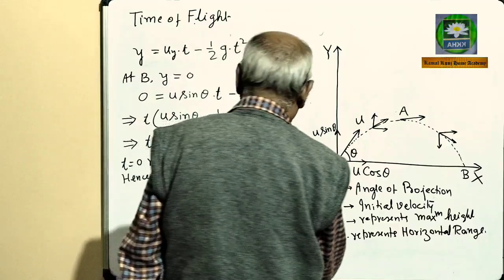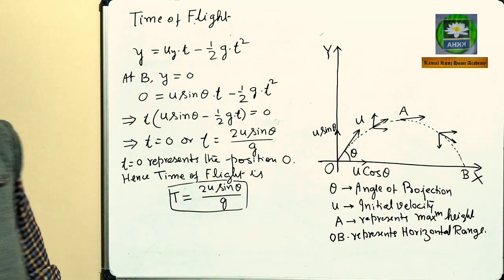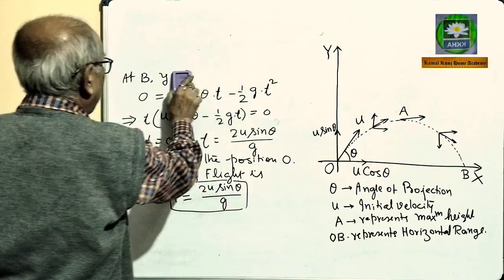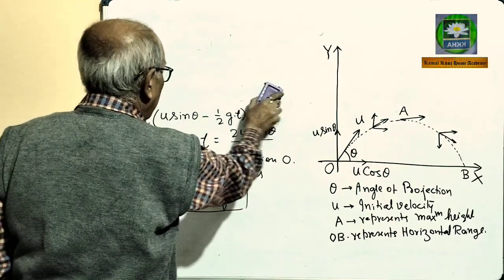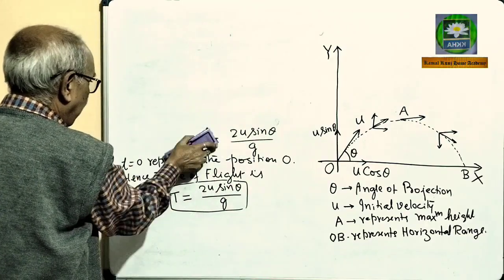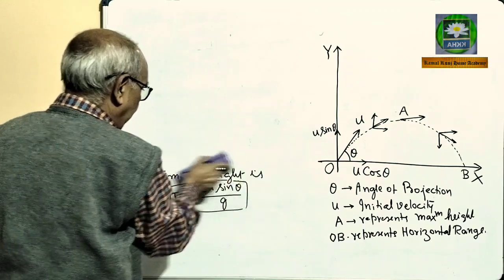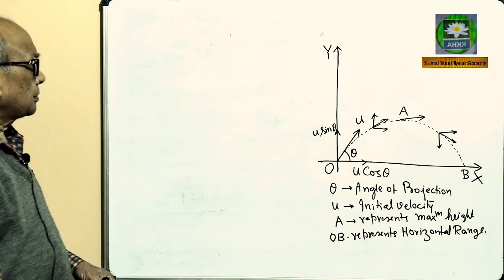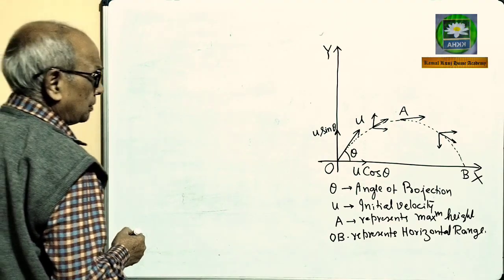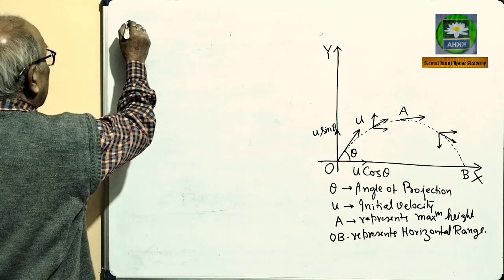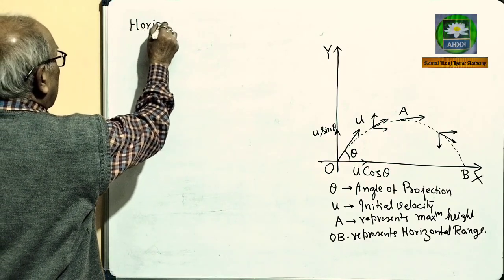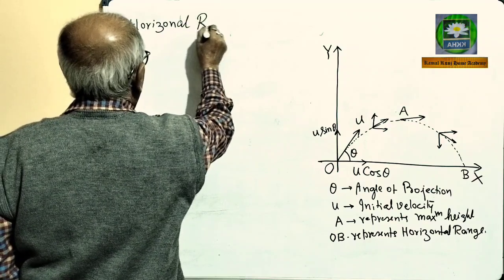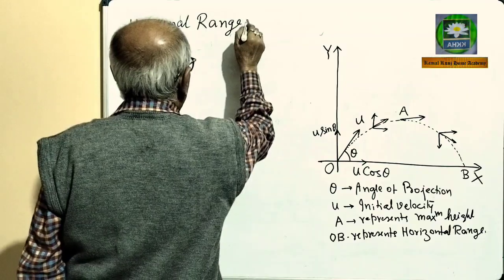Now let us find the horizontal range, or simply range, that is OB.